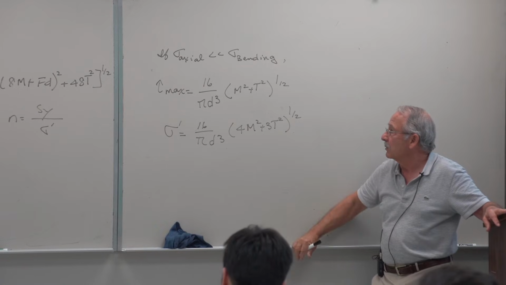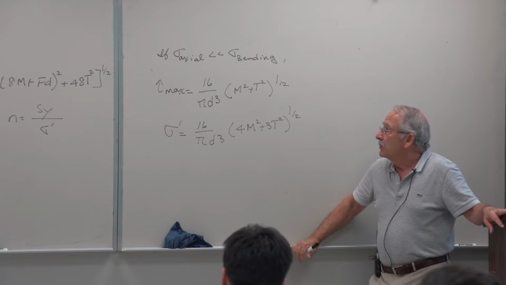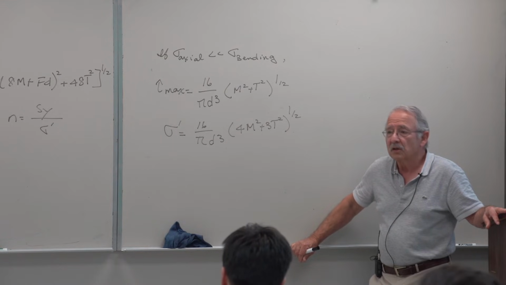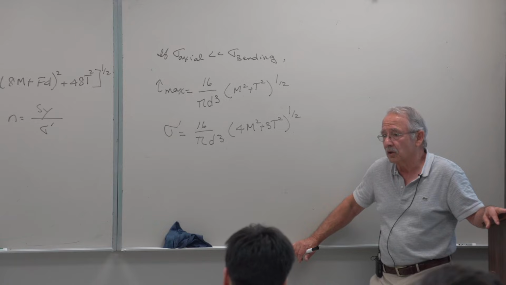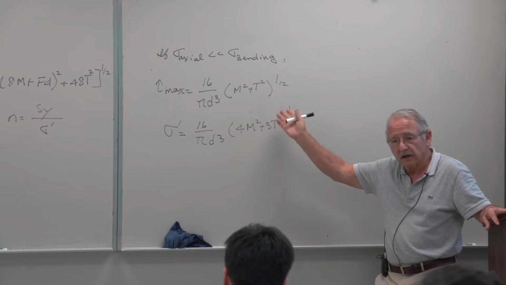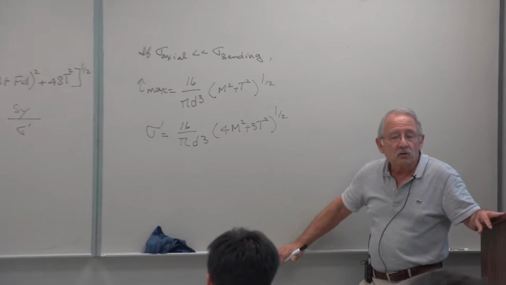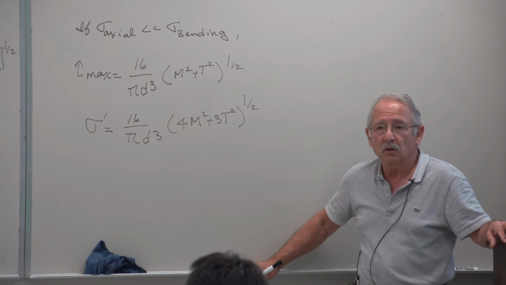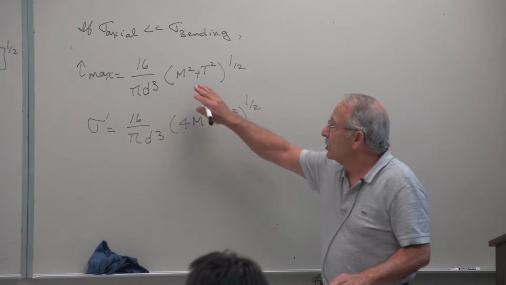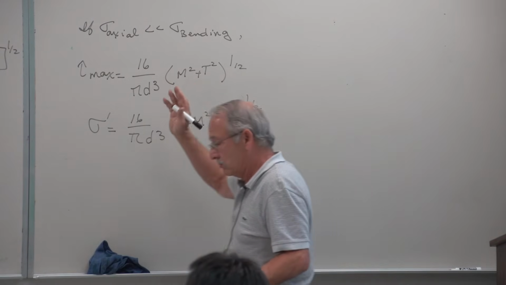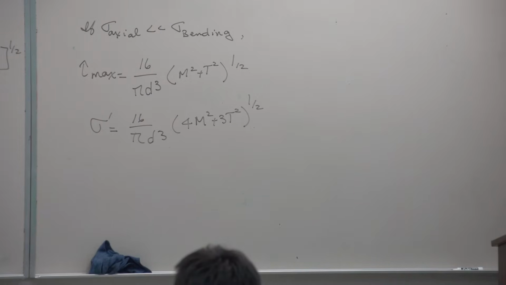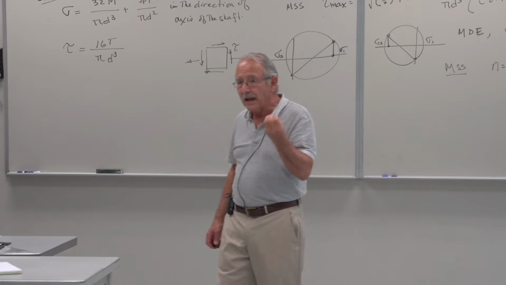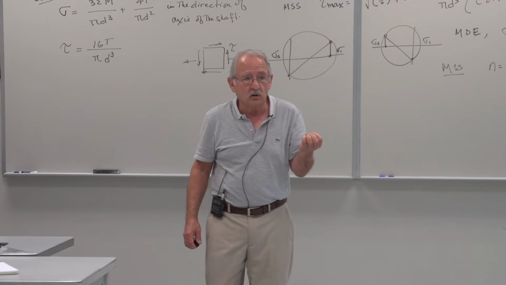But it looks like that anyway. You shouldn't combine the normal stress and the shear stress in this fashion. Moment and torque, you can do that, they're vectors. Stresses are not vectors. You cannot combine them vectorially. So even though this looks like that, and it is a correct equation, no question about that, make sure that you understand that it doesn't come from adding stresses vectorially.